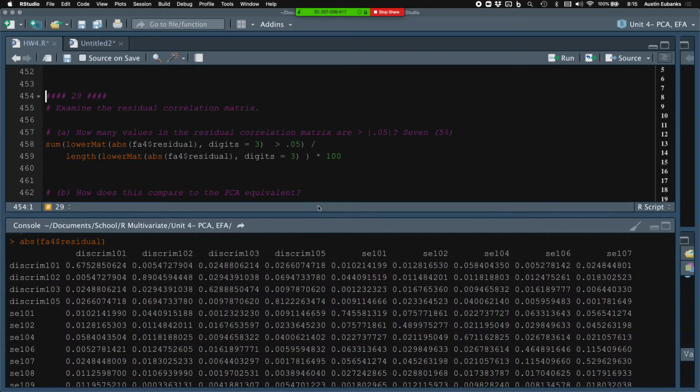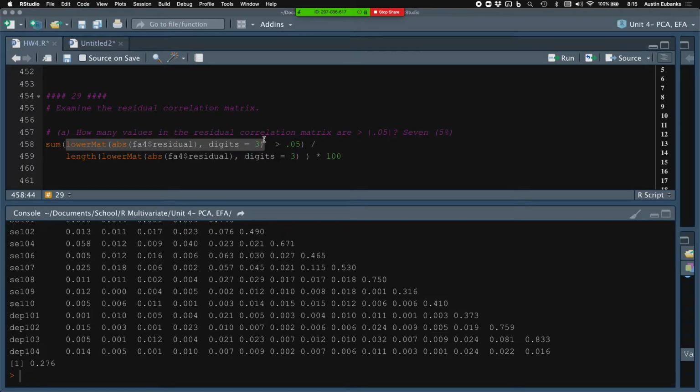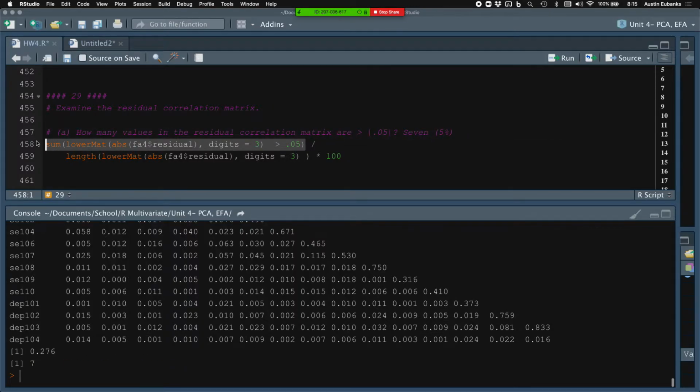So what we had here so far, once again, looking at those absolute values, when we wrap it in the lower matrix and say digits is 3, we just get that bottom triangle. Then if we turn that into a logical statement to see how many of those are greater than 0.05, we'll see that there are 7 of them that are greater than 0.05.